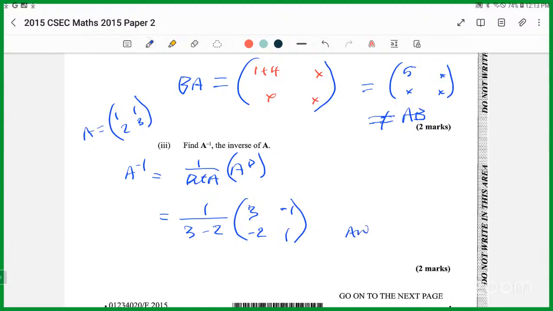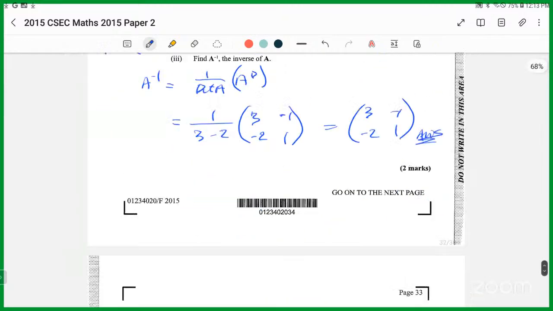The determinant under here is a 1, so it becomes 3, negative 1, negative 2, 1. That is it. Anything else?